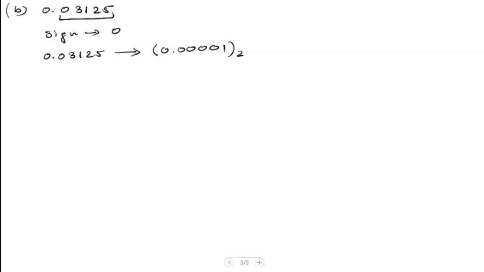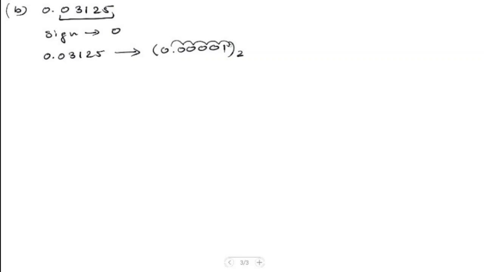And then we have to do normalization. So we normalize the value by adjusting the exponent now. You have to position the decimal point in such a way that the first digit should be 1. So here we have only 1, so we'll move the decimal point 1, 2, 3, 4, 5 steps, and then we put it here.